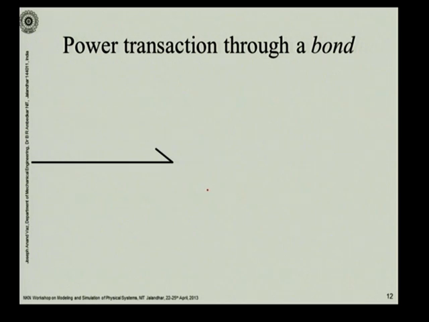So with this, I am going to introduce to you the power transaction through a bond. This is the arrow which was conceptualized by Professor Henry Painter, and of course there is a long history which he has provided about it, which is available online also. And this is carrying the information of power. Now power requires two variables to be represented.